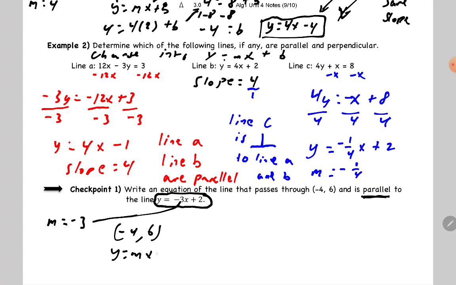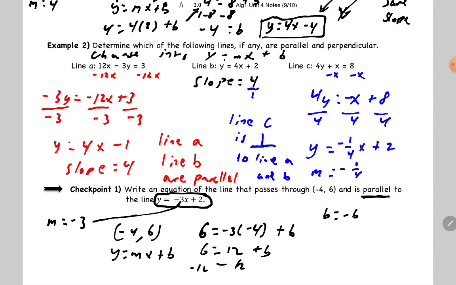Y equals mx plus b. So y, which is 6, equals m, which is negative 3, times x, which is negative 4, plus b. So 6 equals 12 plus b. I subtract 12 from both sides to get b equals negative 6. So my equation is y equals negative 3x minus 6.